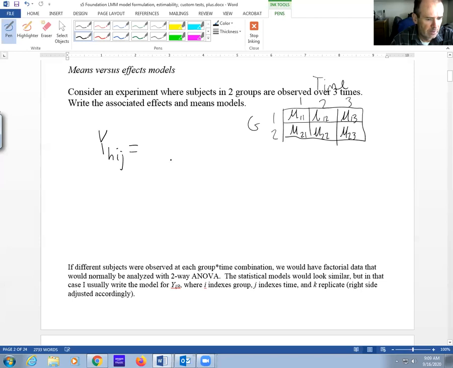So for a means model, it's pretty simple. We have the mean, and we have group h and time j, and we have an error term here, and here I'm just going to write ij.